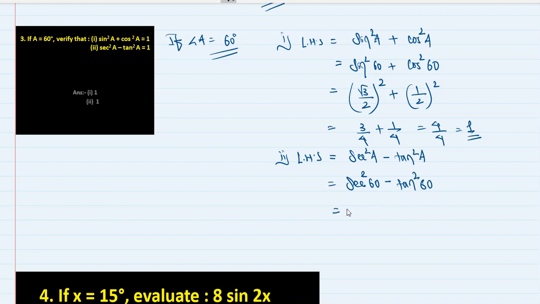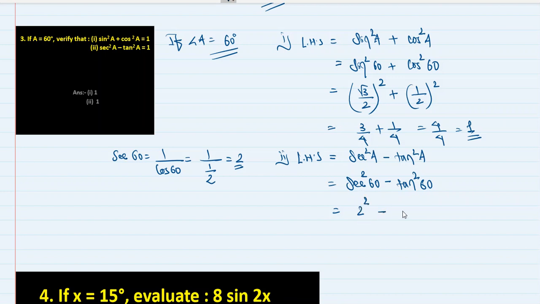Now what is sec 60? Now see, I'm just going to use the technique to find sec 60. I'm not going to look at the table because I know the technique. Sec 60 is the reciprocal of cos 60, and cos 60 is 1 by 2. So reciprocal of 1 by 2 is 2, right? So sec 60 is 2.